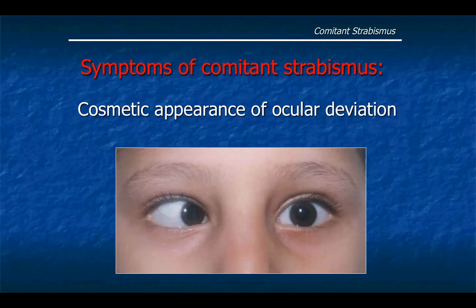He sees just one image by the straight eye. But if strabismus develops after the age of visual maturation, which is between 7 and 10 years of age, the patient develops diplopia and it could be persistent. It does not disappear because the patient cannot suppress the diplopic image anymore. So symptoms of comitant strabismus are cosmetic appearance of ocular deviation or diplopia.